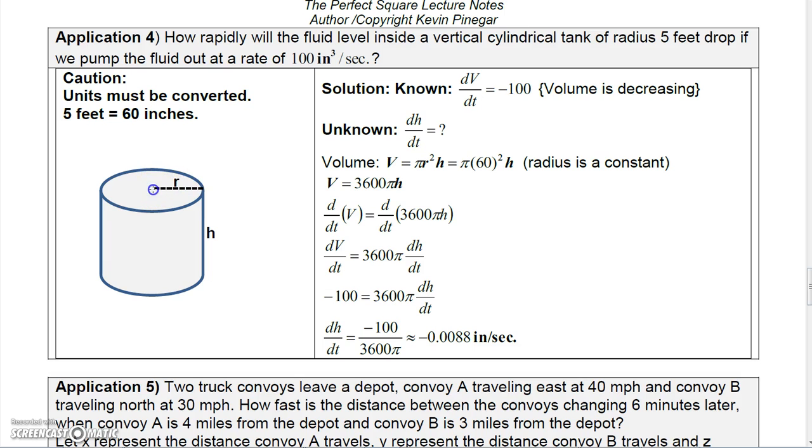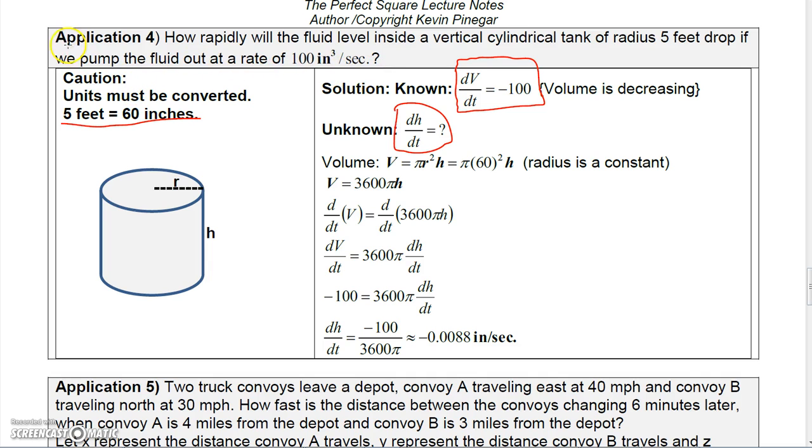So from here to here is 5 feet. But remember, 5 feet is 60 inches. So keep that in mind. Now, what are we given? We know the volume is changing at a rate of negative 100 cubic inches per second. And we're asked to find the rate that the height is changing.